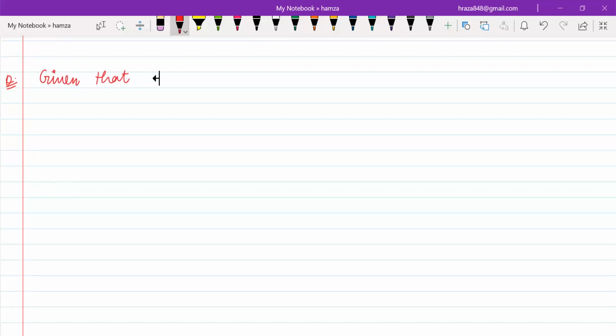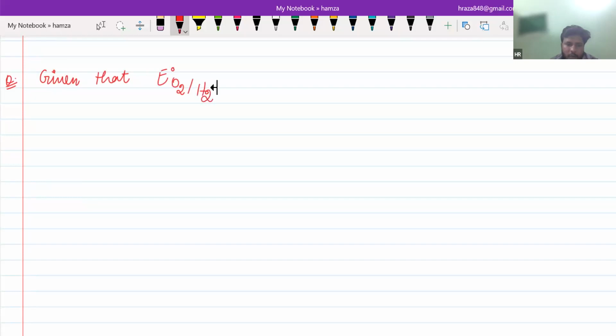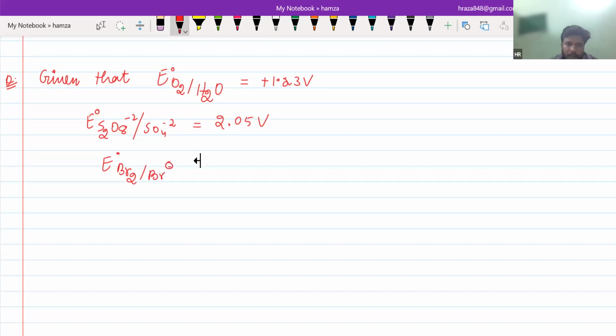Given that E naught O2 slash H2O will be equal to plus 1.23 volt, E naught S2O8 2- slash SO4 2- will be equal to 2.05 volt, E naught Br2 slash Br minus will be equal to plus 1.09 volt, E naught Au3+ slash Au will be equal to plus 4 volt.